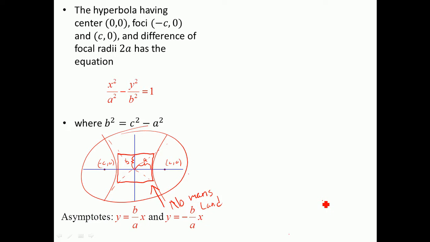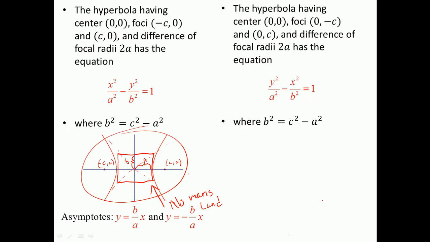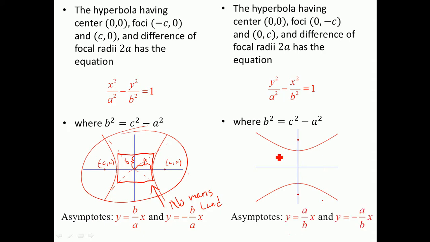All right. So we're going to concentrate on those kinds of hyperbolas in the problem. Also, the same thing over here. If you have this kind of hyperbola, remember, you're going to have a box that looks more like this.